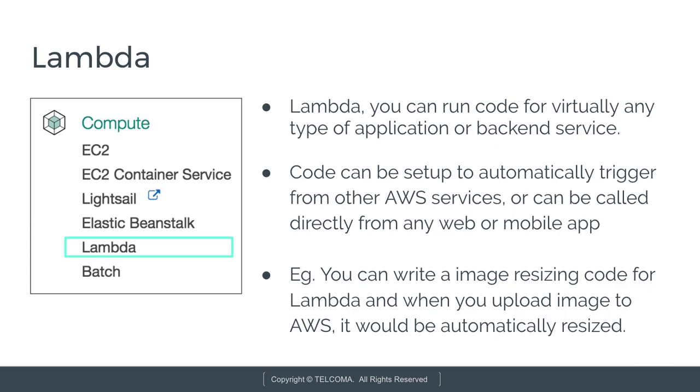So you can run your code virtually from any application or service. We need to pay only for the compute time we consume. There is no charge when code is not running. So charges apply whenever our code is running, and if our code is not running, we are not going to pay.